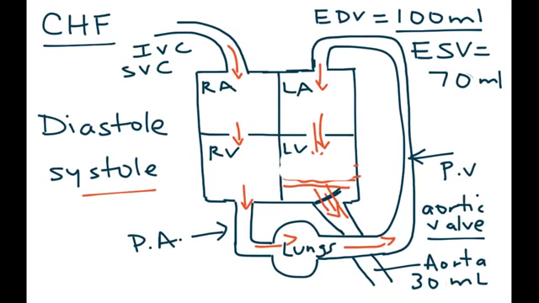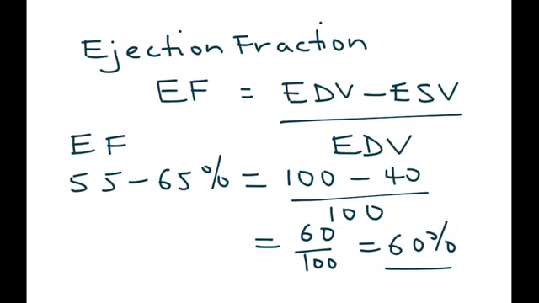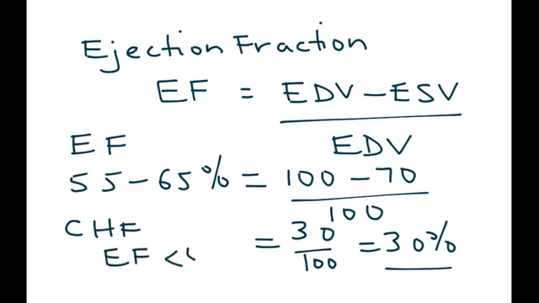The reason is because the patient is in congestive heart failure, and what that really means is that the left ventricle simply is not strong enough to pump the blood into the aorta. It's a weak muscle. So if we go back to our formula, this number here is now 70, and that would make this 30, and that would be 30%. Congestive heart failure is defined as somebody who has an ejection fraction less than 50%. So this patient would indeed be in congestive heart failure.